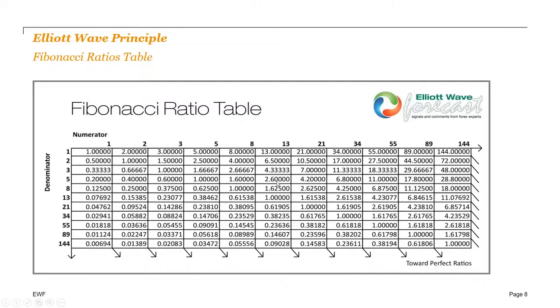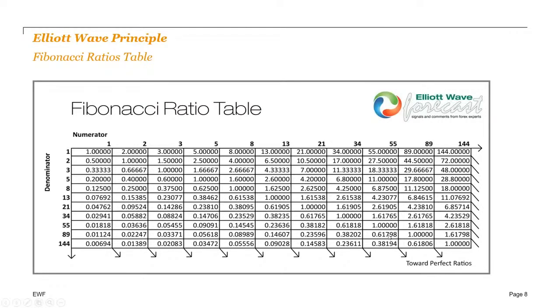What is important with this Fibonacci ratio is that these are the ratios you are all familiar with. For example, 1.618, right? 1.618 extension, or 0.618, for example.